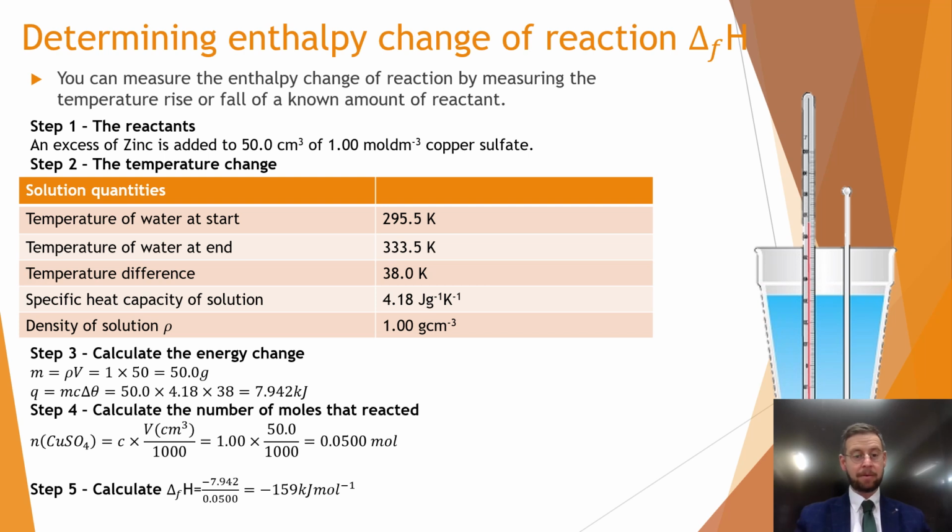So here's an example. If we have the water going from 295 to 333, we have a temperature difference of 38 Kelvin. We're given the density and the specific heat capacity again, and we want to know what the energy change is. So the mass can be found as 50 grams. Now here's the thing, be careful. So this was an excess of zinc added to 50 centimetres cubed of copper sulfate.